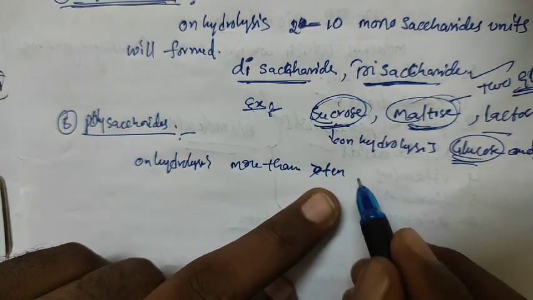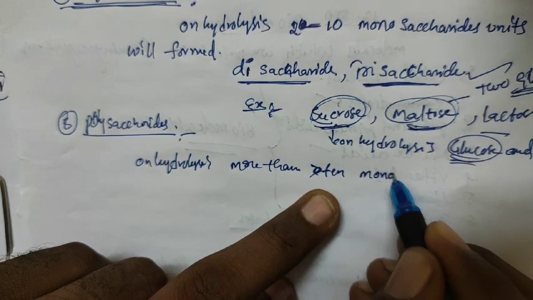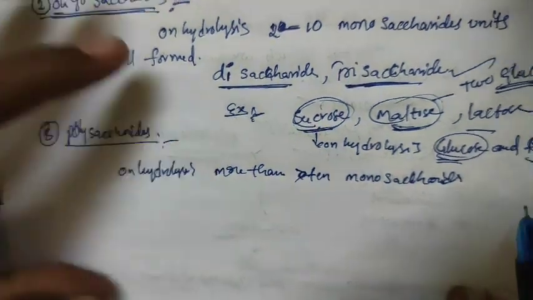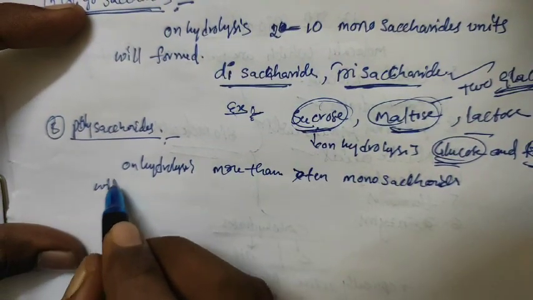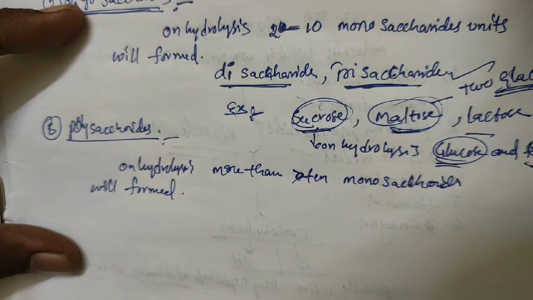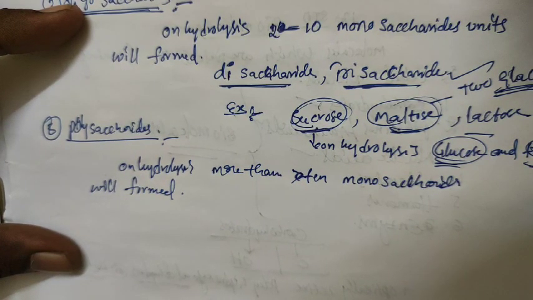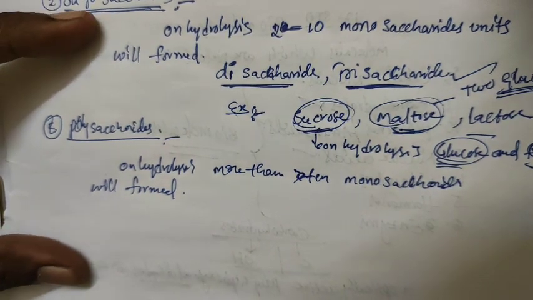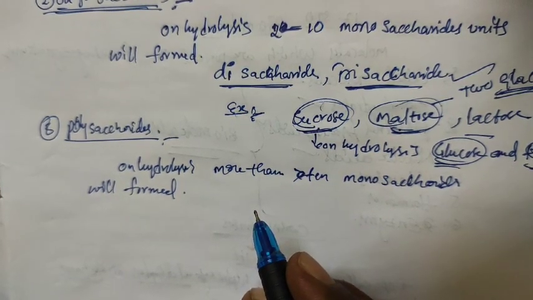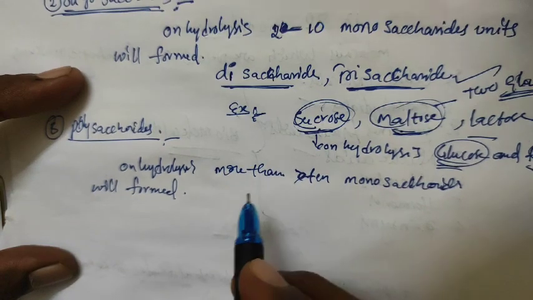Here more than 10 monosaccharides will come on hydrolysis, so it is called polysaccharide.